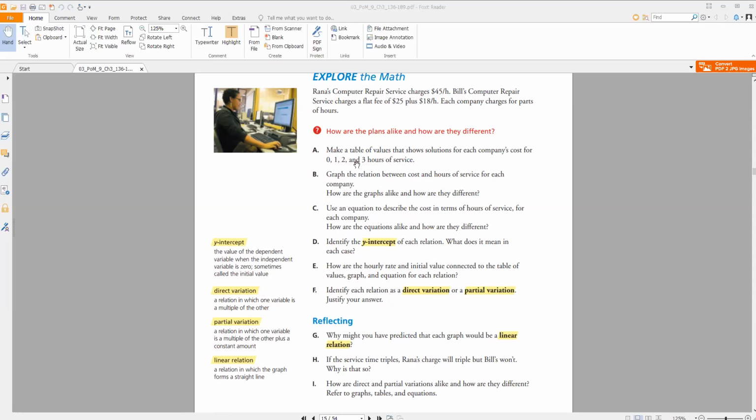And then in the right-hand column, calculate for each of these repair services, Rana's and Bill's, how much they would be charging the client for 0 hours of service, 1 hour of service, 2 hours, etc. Okay, so please pause the video and set up your tables of value, so you can find those values, and then we'll take a look in a second at what they look like. Pause your video now and do this independent work now, please.